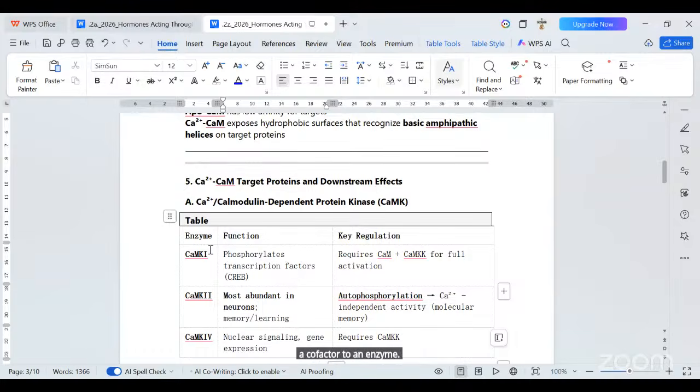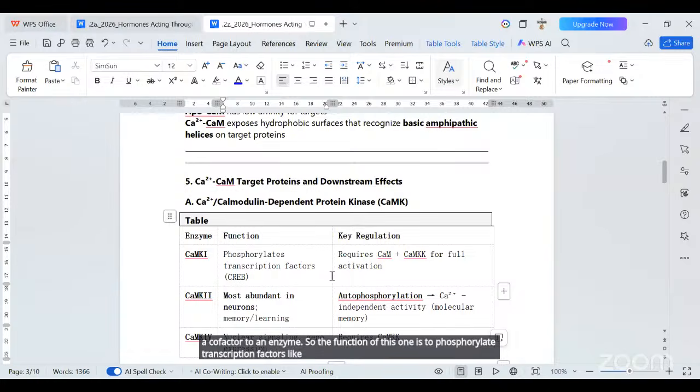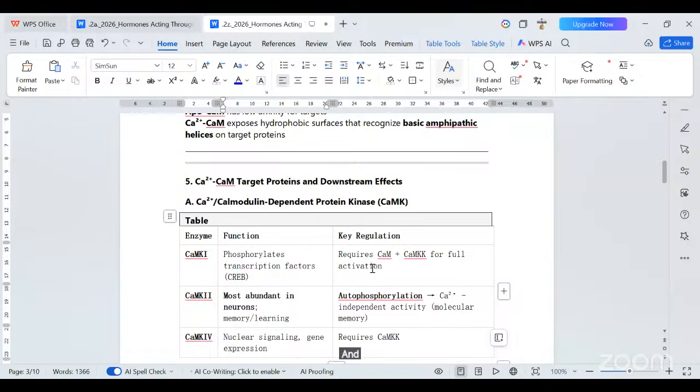So the function of this CaMKII is to phosphorylate transcription factors like CREB, and its action is regulated when CaM plus CaMKK is needed for full activation. Please, if you are not getting what I'm saying, just raise your electronic hand. I will recap.